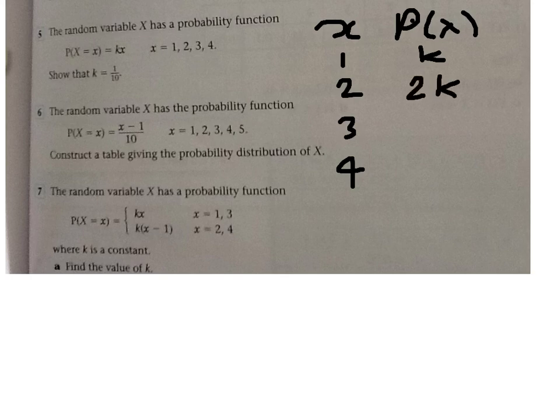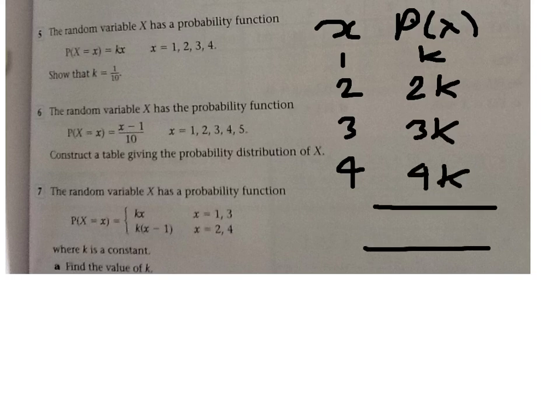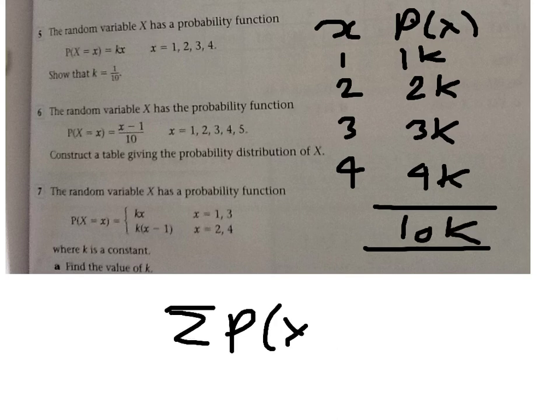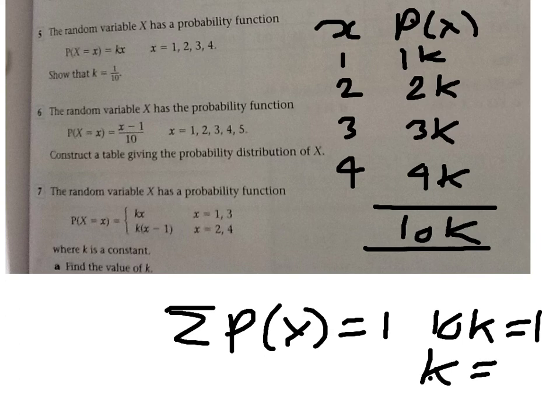So we get 3k and 4k in the same way. Now if I add all the probabilities together, I've got k, 2k, 3k and 4k. That comes to 10k. And we should know that the sum of p(x) equals 1. So we've got 10k equaling 1, so k is 0.1.